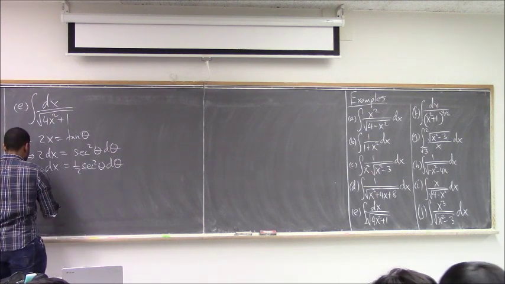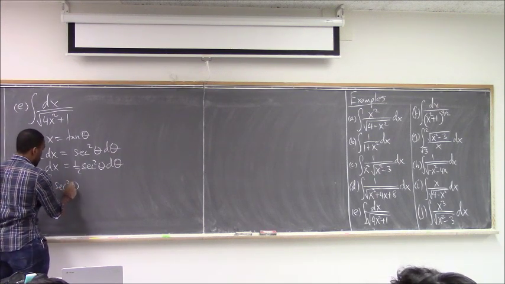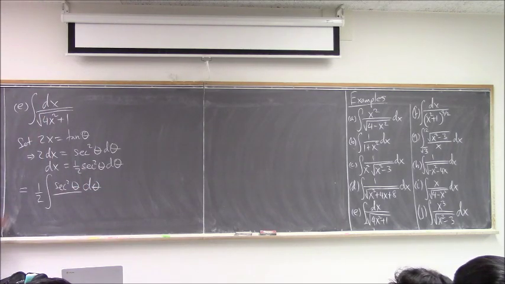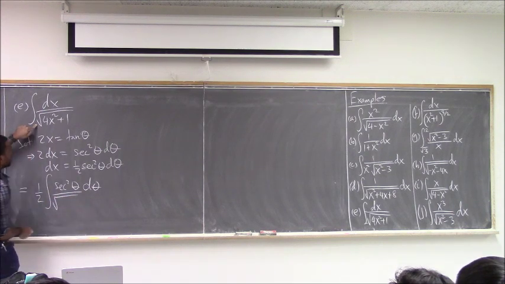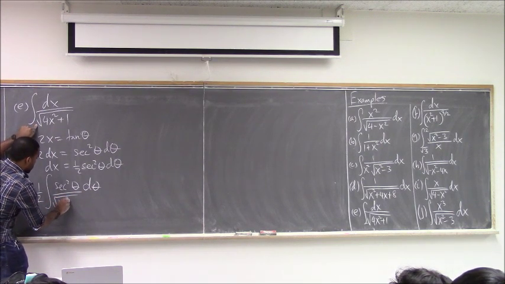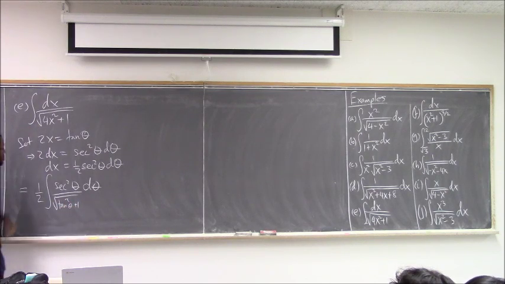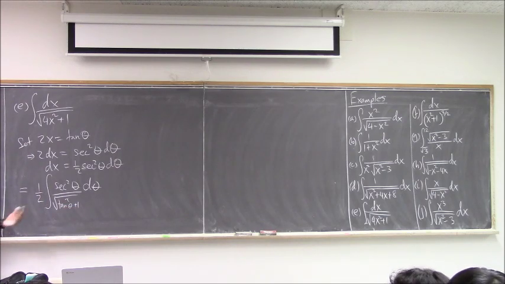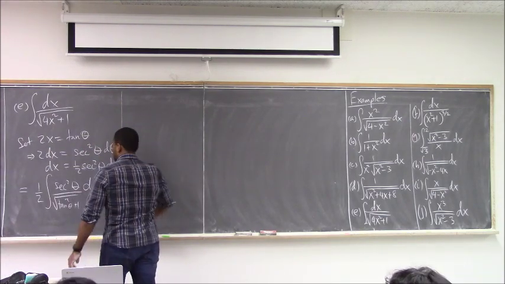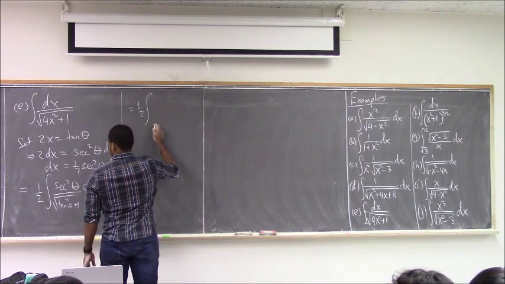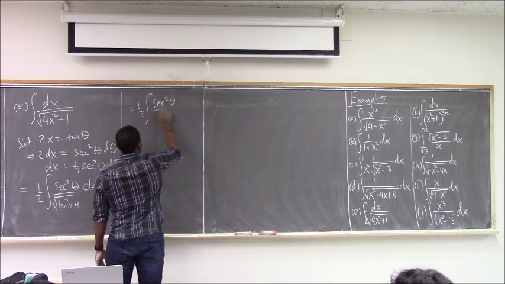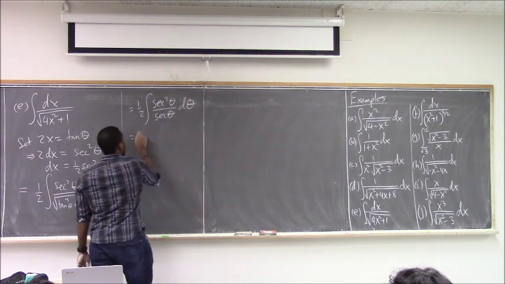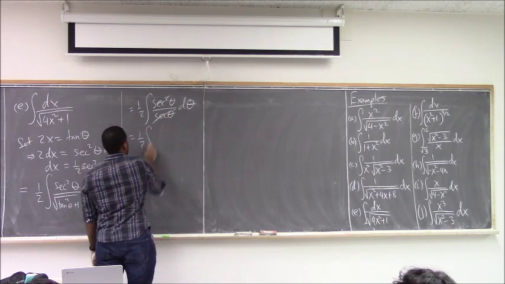So that's going to be 1/2 secant squared, that gets rid of my dx part. This part is going to be the radical of, well, tan squared plus 1, which of course is secant squared, and I'm taking the radical of secant squared, so that's going to be secant squared over secant, which is the integral of secant.